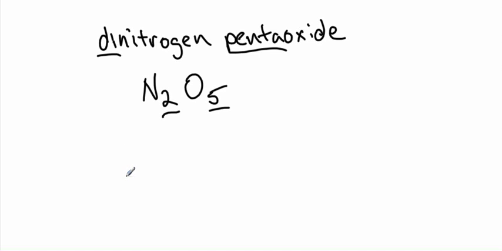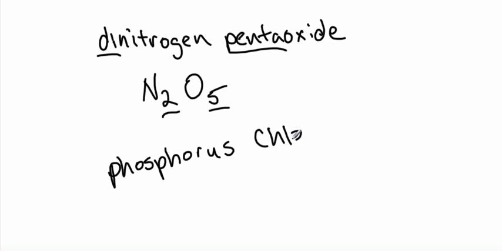Let's do another one. Let's say we had phosphorus, and we're going to put it with, this time, let's do chlorine. I'm going to back up. Let's say it's with heptachloride.